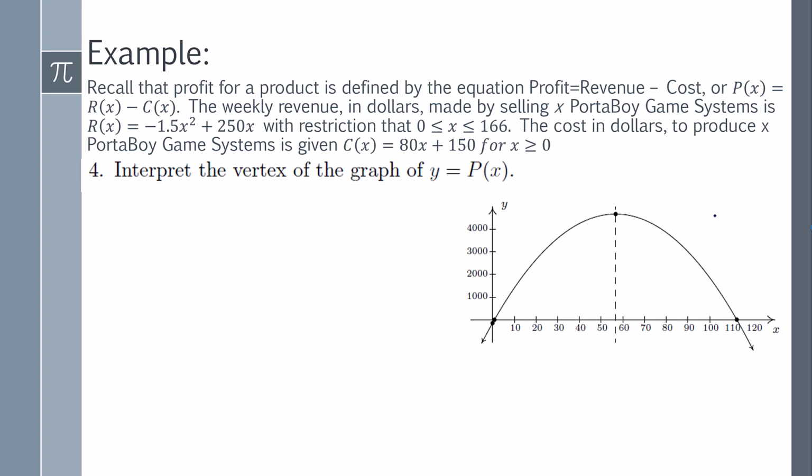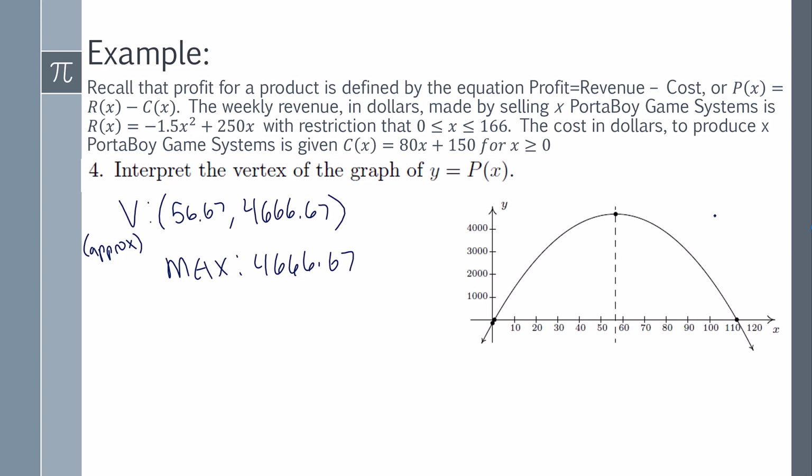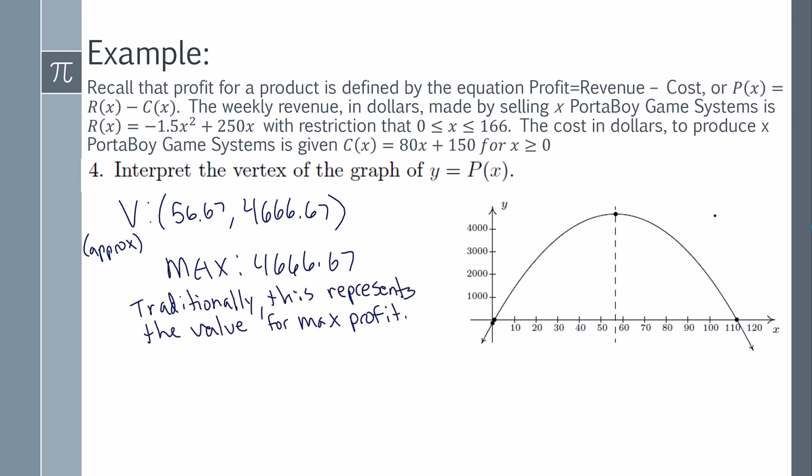Now, interpreting the vertex is where you actually make the most profit. If that's my vertex, that's a maximum. So if I sell 56.67 Portaboys, I'm going to make $4,666. Because that represents the profit, remember, I can't sell someone 0.67 Portaboys.